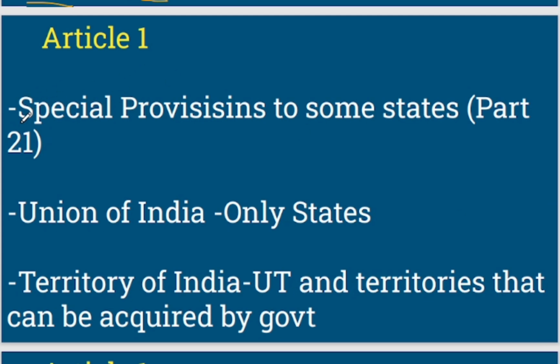Now here it says special provisions for some states. That is in Part 21 of the Indian Constitution. This is there in Article 1, and Article 1 has also given an exception to J and K. This was the case when special status had not been removed for J and K. When the Constitution was enacted, special status was there for J and K, so an exception was given for J and K with respect to Article 1.